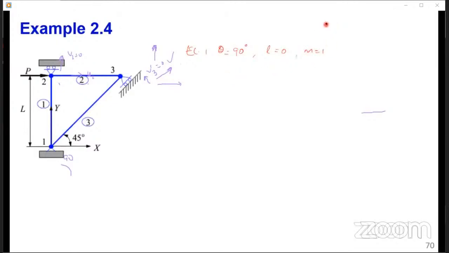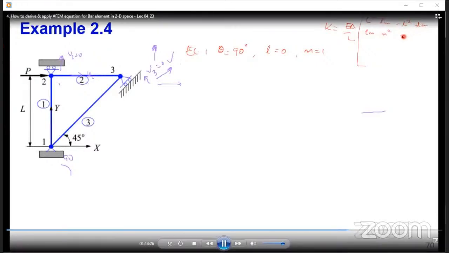Remember our equation, K, the stiffness matrix, is equal to EA over L times L squared, LM, M squared. This is something that by now should be at your fingertips. You just need to know that. The rest is the minor diagonal negative.